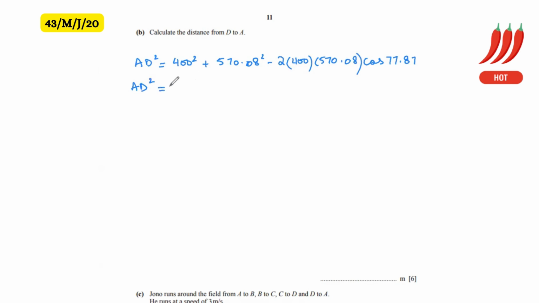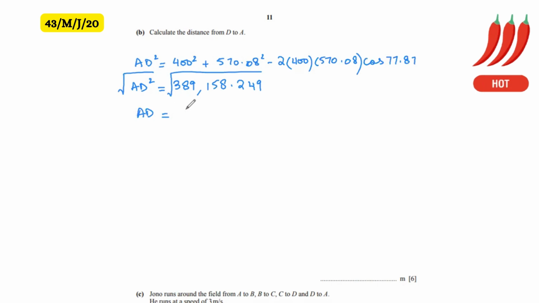That is going to give us 389,158.249. Square root both sides. AD will equal 623.8 meters. That is your value of AD.